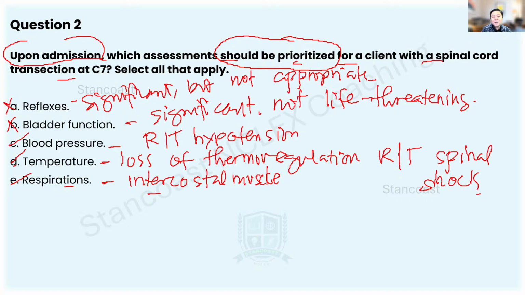Again, this test question is testing you to prioritize, especially during the acute phase. You have to deal with the ABCs. Again, we're looking into the respirations, the regulation of the temperature, circulation, that's part of it, and the blood pressure. Never forget to prioritize those things. All right? The others can wait.